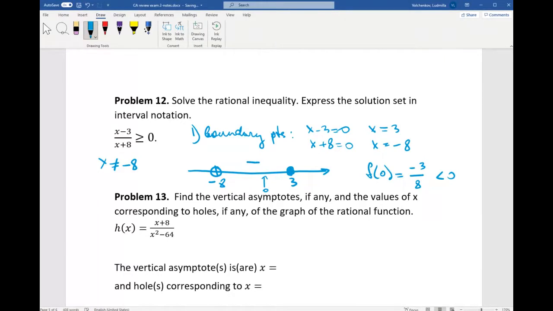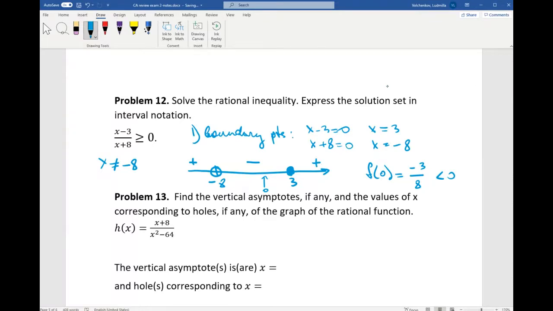So between -8 and 3, f of x is negative. Since there are no squared factors here, we are sure that the sign will change at every boundary point.